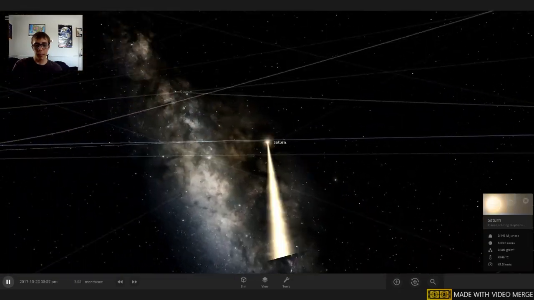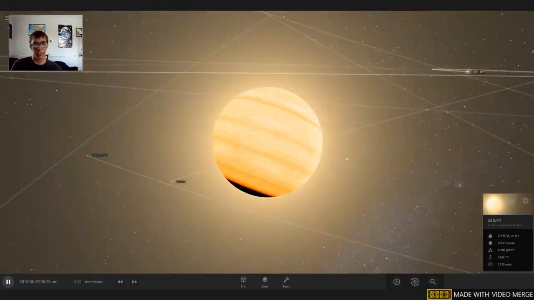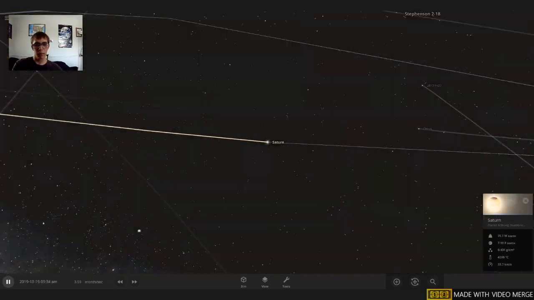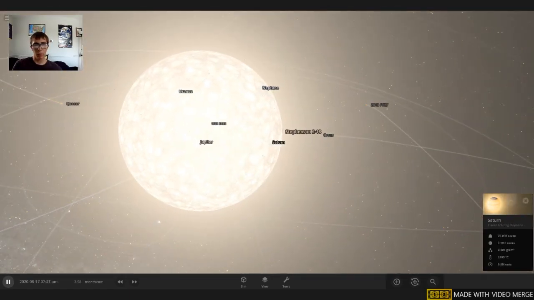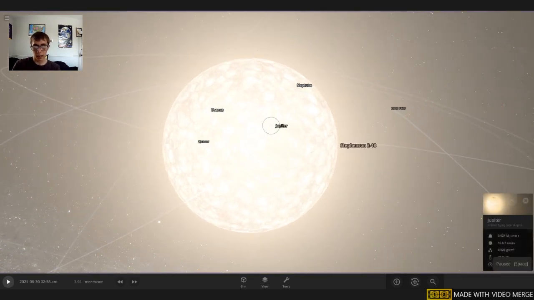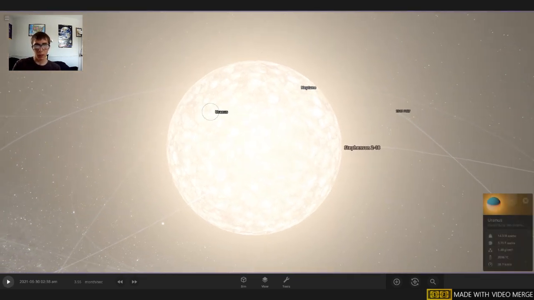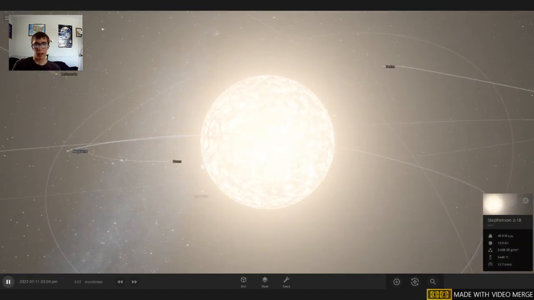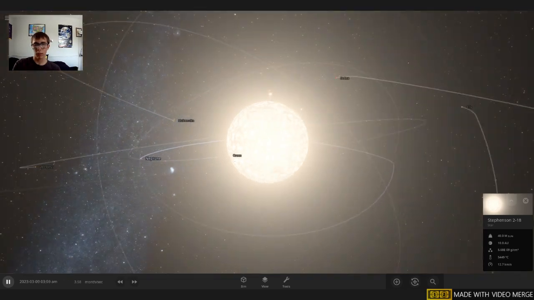Why are they moving inside the star? Did they escape the star or something? Because somehow Jupiter and Saturn have somehow... Okay, so I don't know what happened, but the planets are... Okay, I was gonna say, I thought the planets were going through the star.